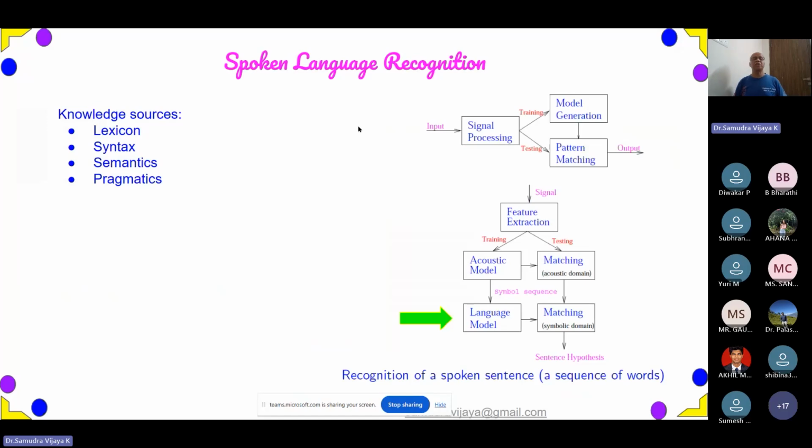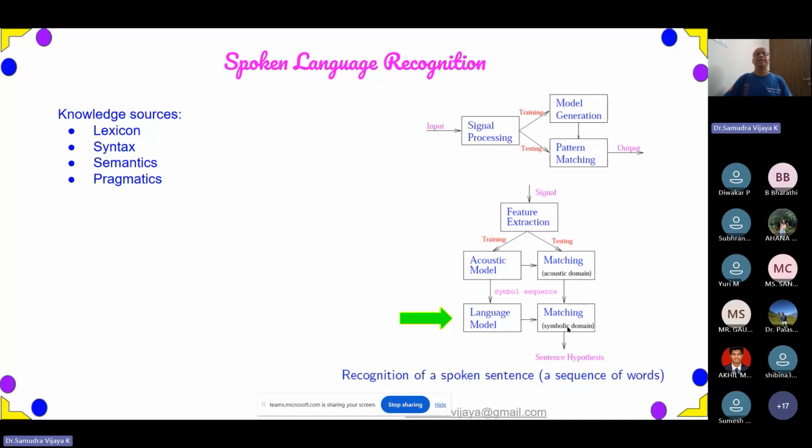Well, now we talk about speech recognition, speech to text. We talked about the models to represent the acoustic properties of the speech sound, the speech wave. We didn't talk about the grammar, or which sequence of sounds is a valid word in a language, the language model.